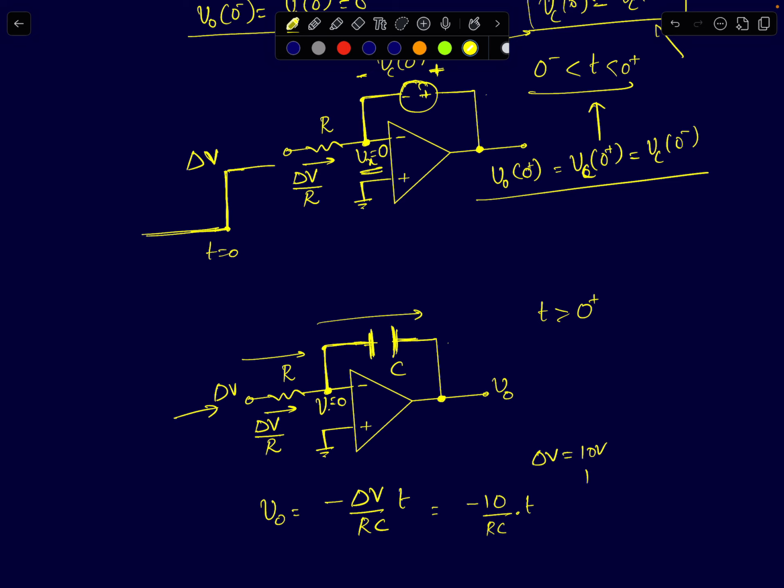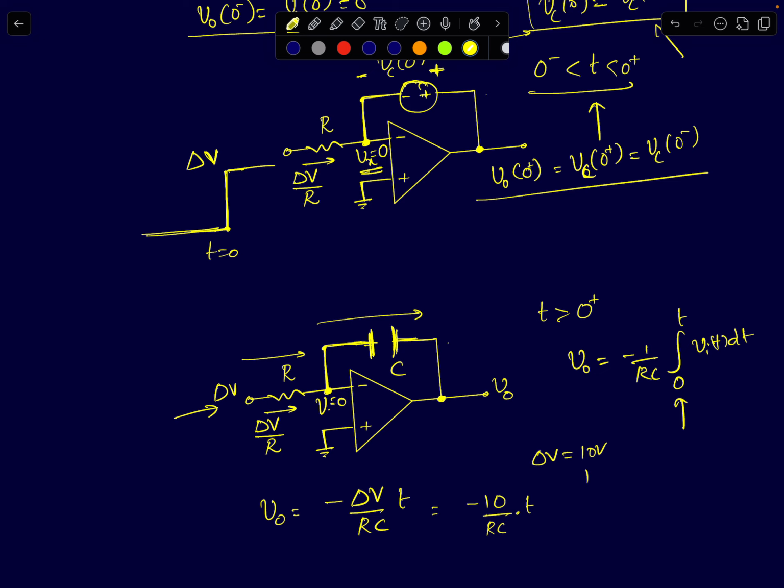Now this is an integrator circuit. We have already analyzed an integrator circuit. Your output voltage is given by minus 1 by RC integral Vi of t dt. I'll assume 0 to t, because the step input is applied at t equal to 0.